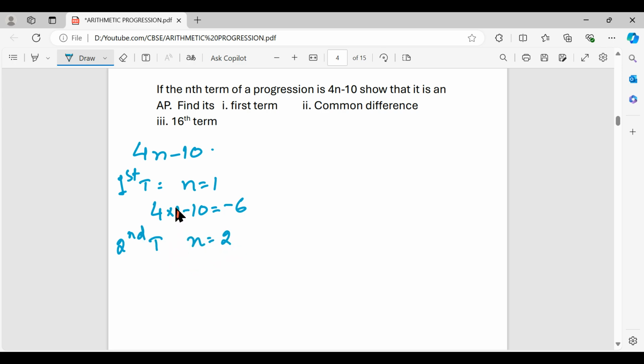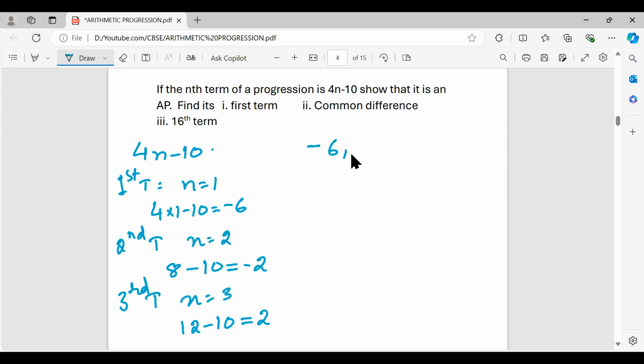So that will be 4 into 2, that is 8, minus 10, and hence you have minus 2. Then to get the third term, n equal to 3. So 4 into 3 is 12, 12 minus 10 is 2. Now we got the sequence as minus 6, minus 2, and 2.